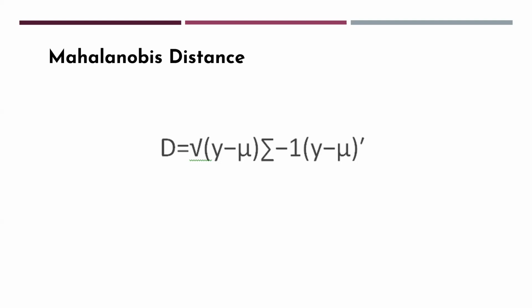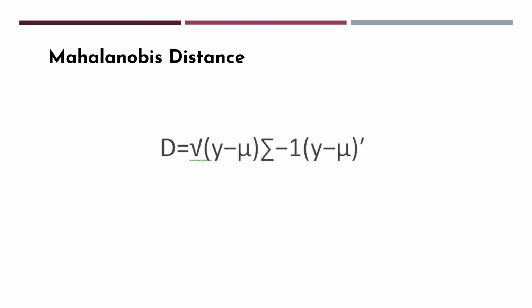Mahalanobis distance from a vector y to a distribution with mean mu and covariance sigma can be given as D is equal to the square root of (y minus mu) sigma inverse (y minus mu).